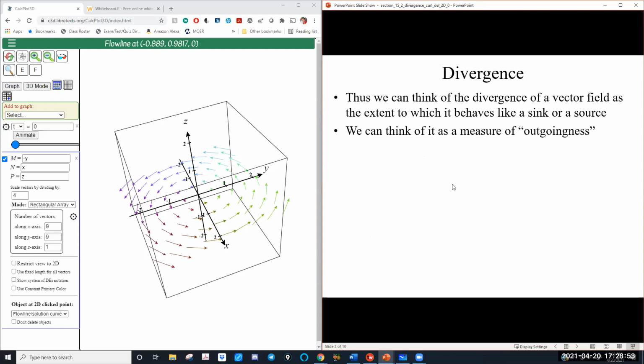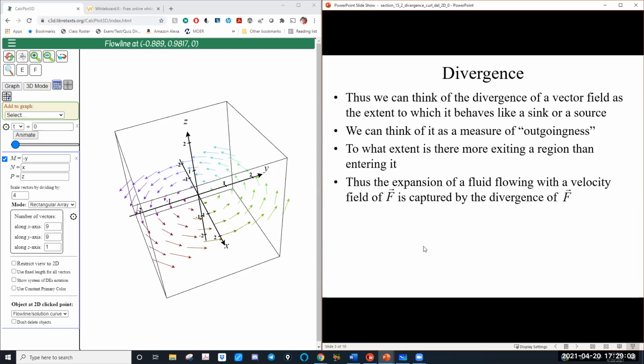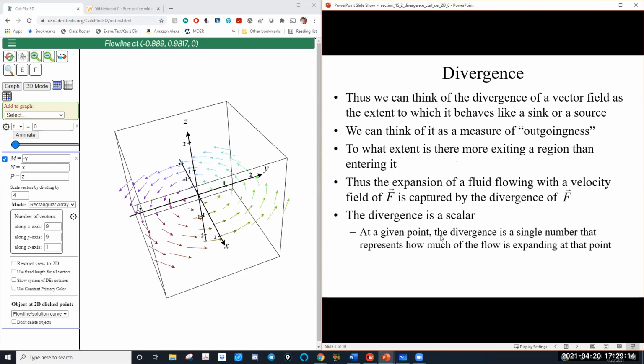So at any given point, how much are things being radiated away versus how much are they being sucked in? The expansion of a fluid is captured by the divergence. Divergence is a scalar. So again, at any given point, it's the measure of how much it's going in or going away.